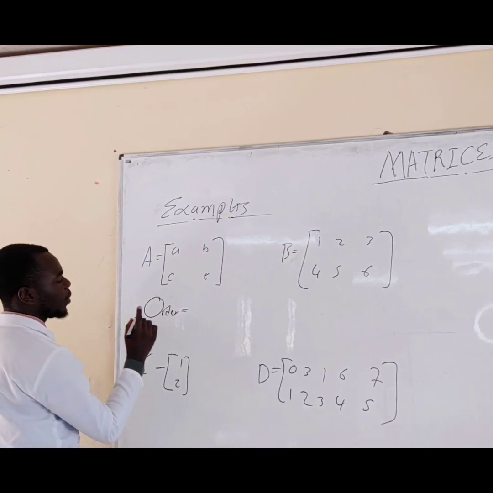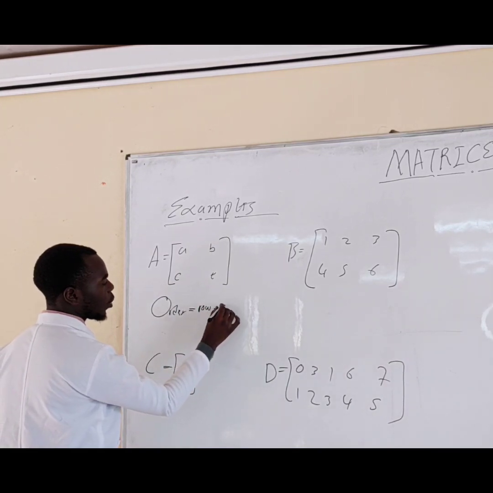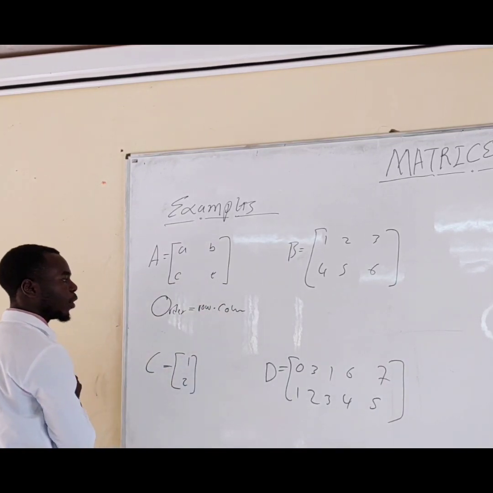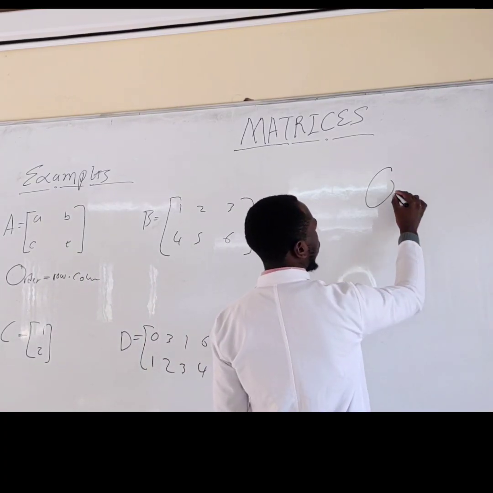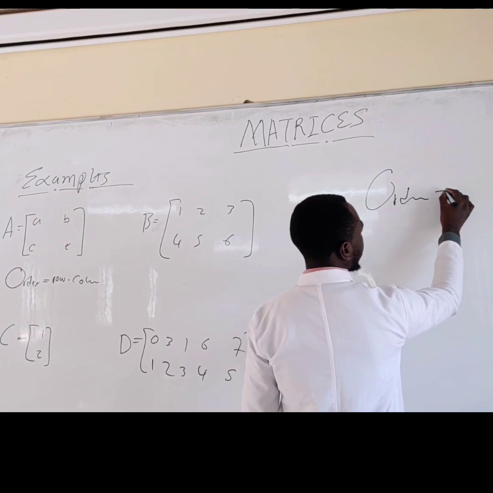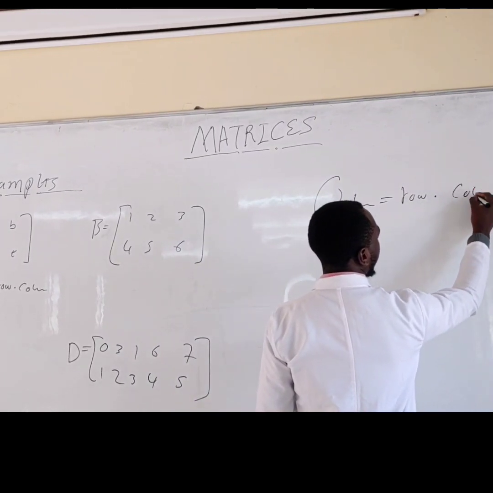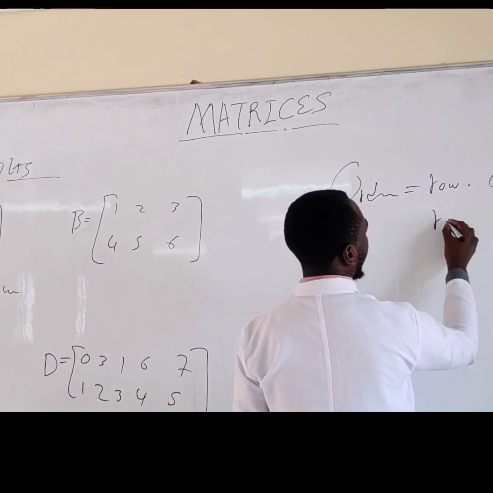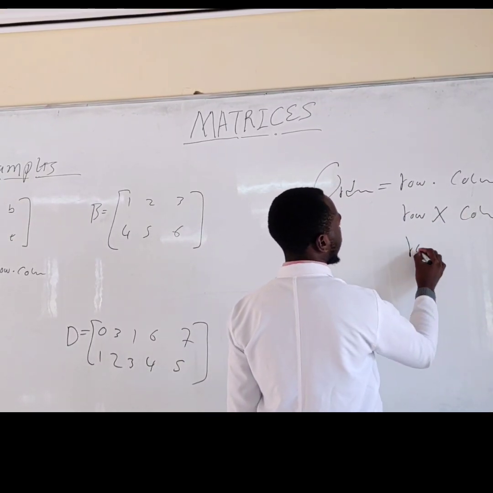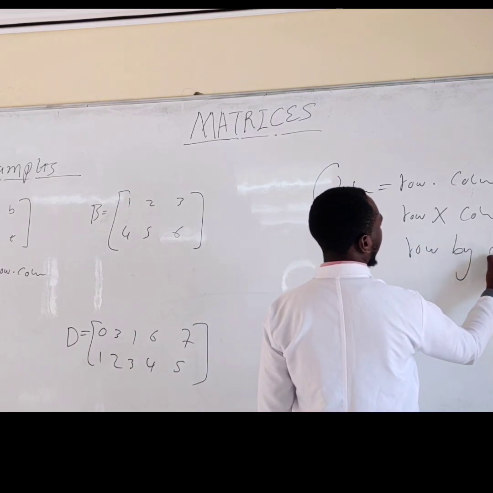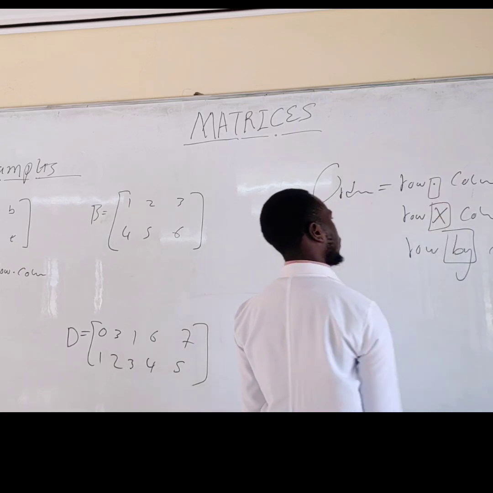Remember the formula is row by column. You can present order as row by column in different ways, using different symbols.